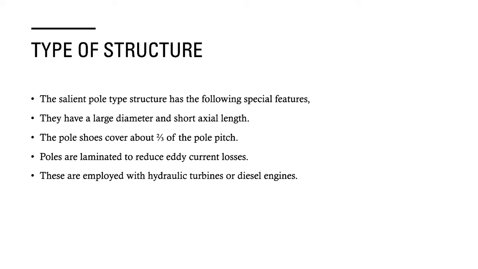So the length of the setup is smaller than its radius. The pole shoes cover about two thirds of the pole pitch, in the sense that it has large pole shoes.